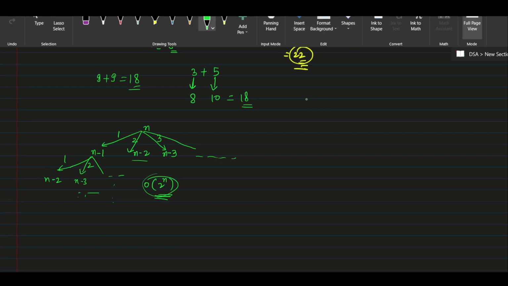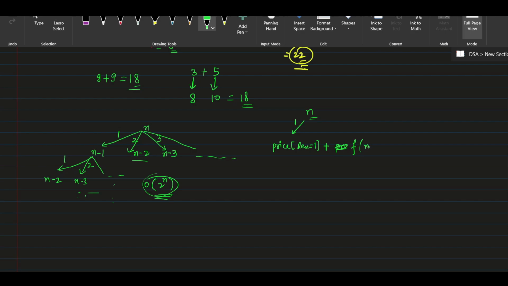We have a rod of size n. If I make a cut of 1, then I can get the profit of the price of length 1 plus f of n minus 1, where f is our function.